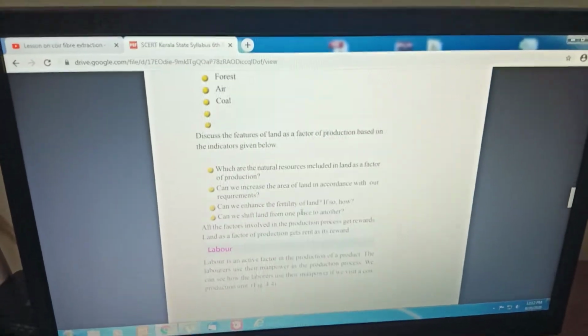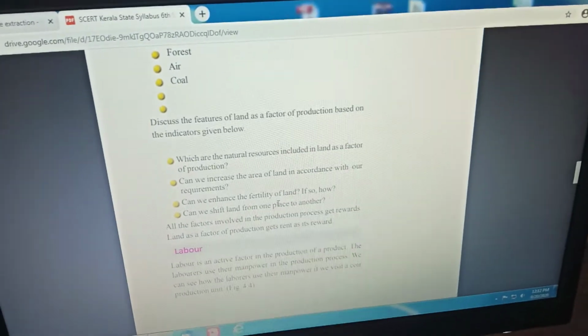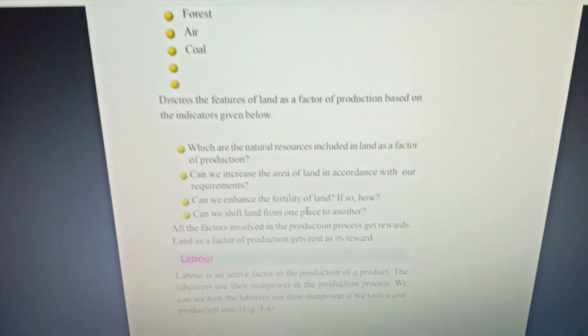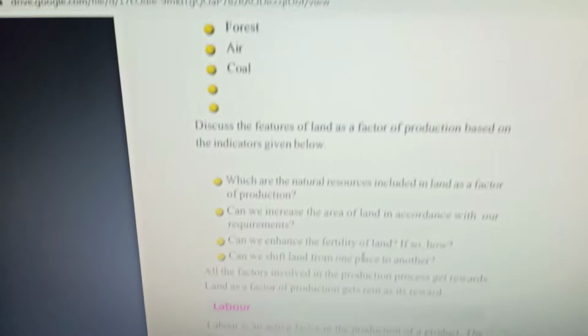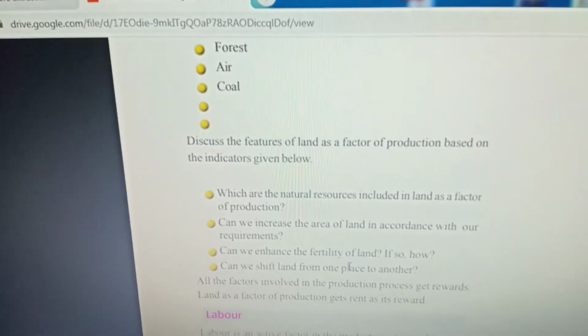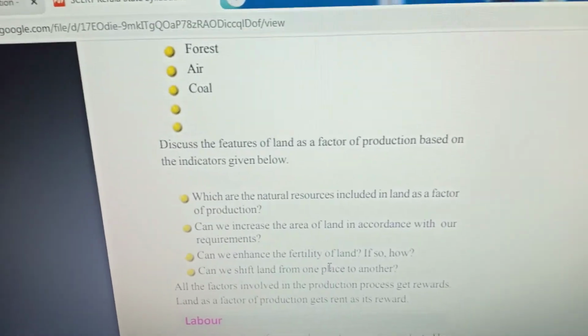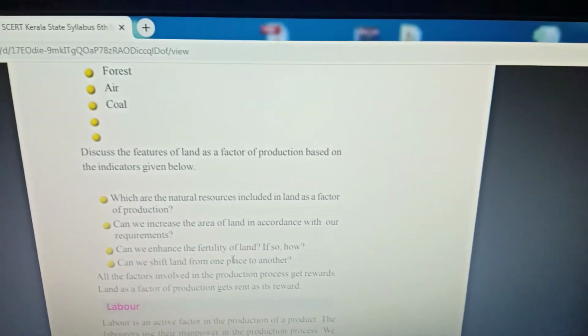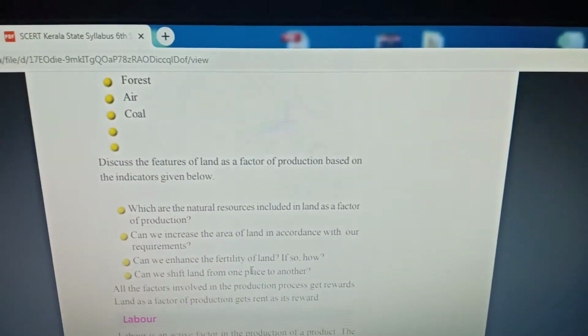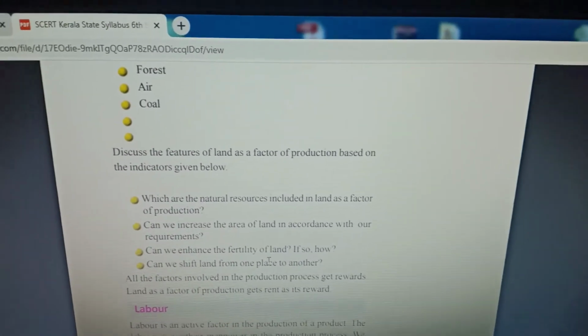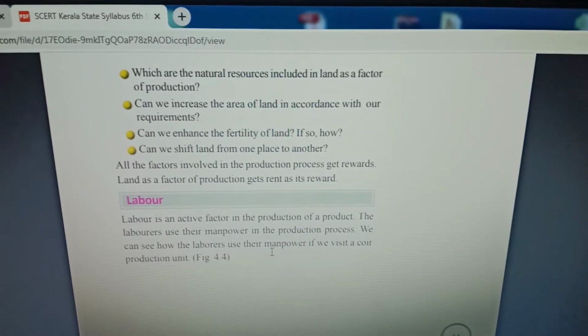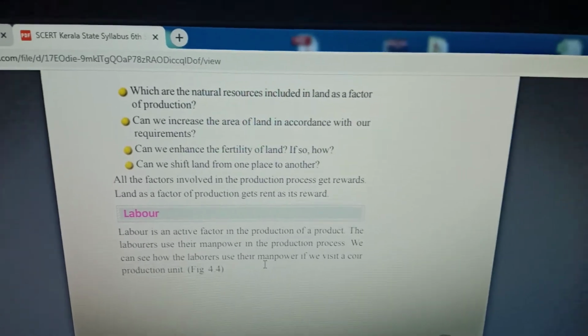Which are the natural resources included in land as a factor of production? We had discussed it earlier, like soil, water, forest, air, coal, metal, minerals, petroleum, sand, stone, animals, etc. Okay, these are the natural resources included in land as a factor of production.